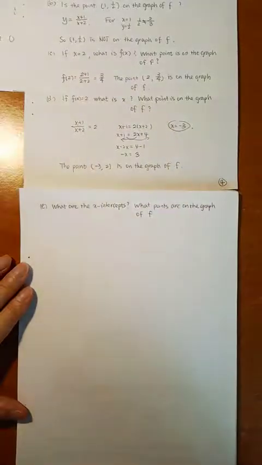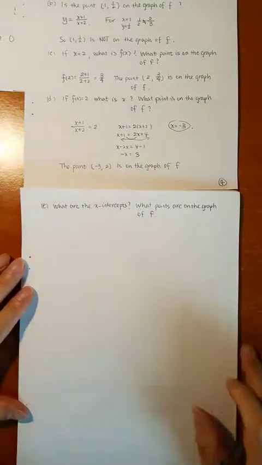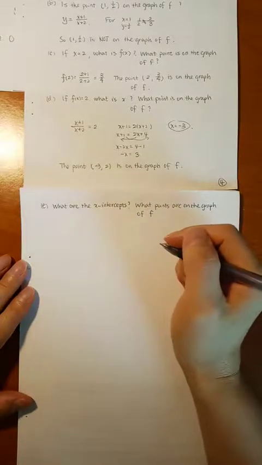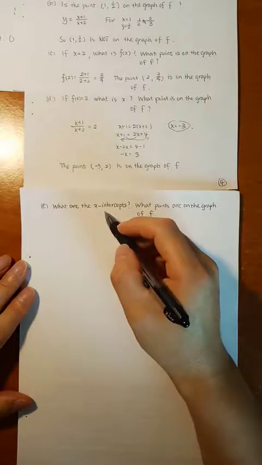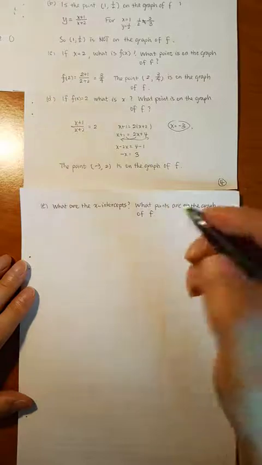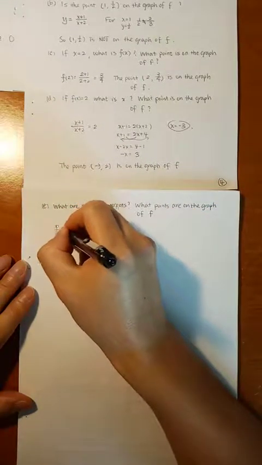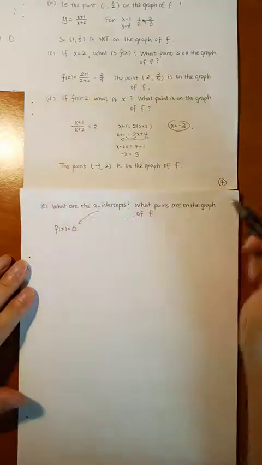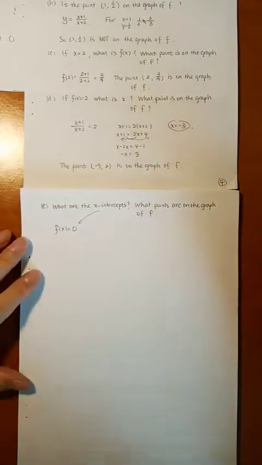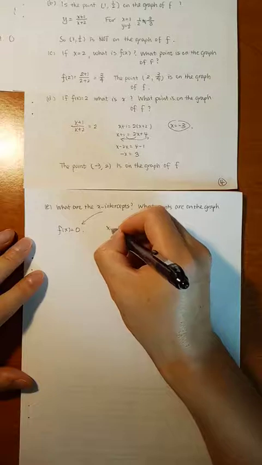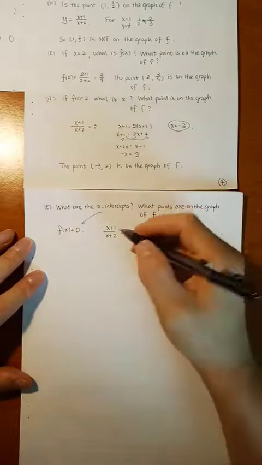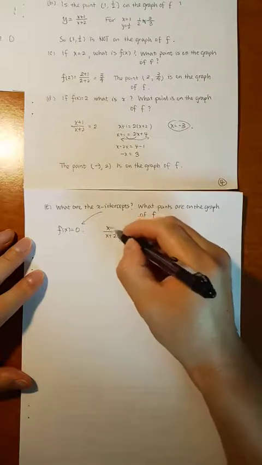Okay. So for the x-intercept, f(x) is 0. The x-intercept just means f(x) is equal to 0. So (x plus 1) over (x plus 2) is 0. A rational expression is 0 if and only if the numerator is 0.